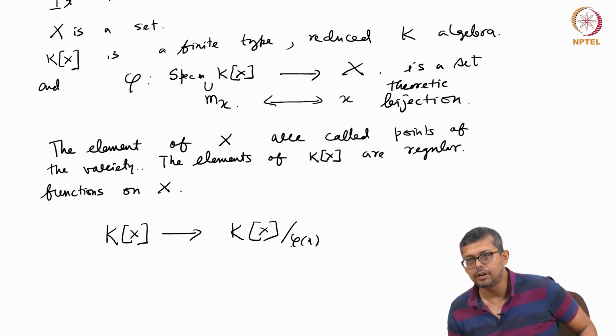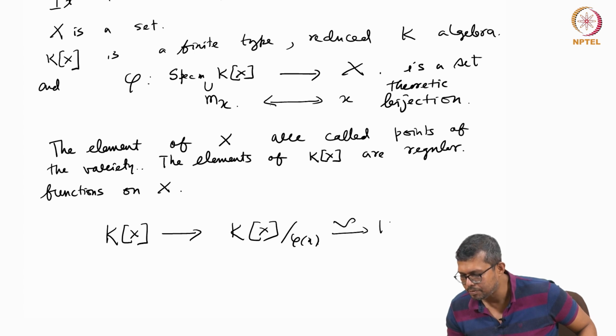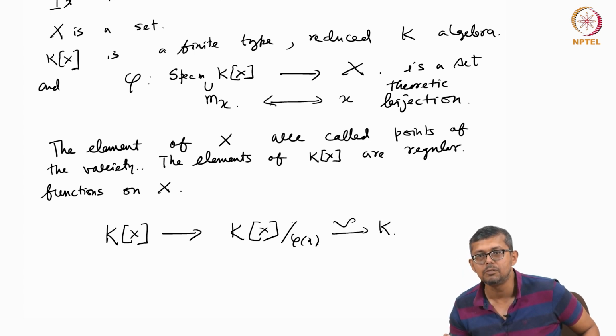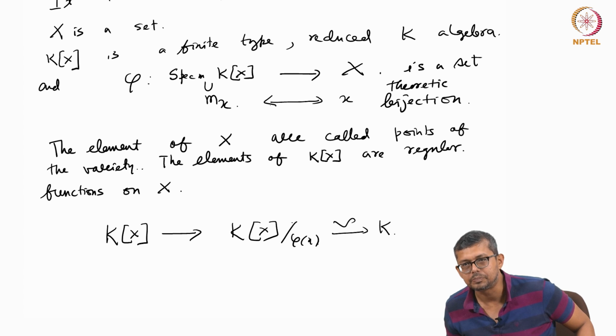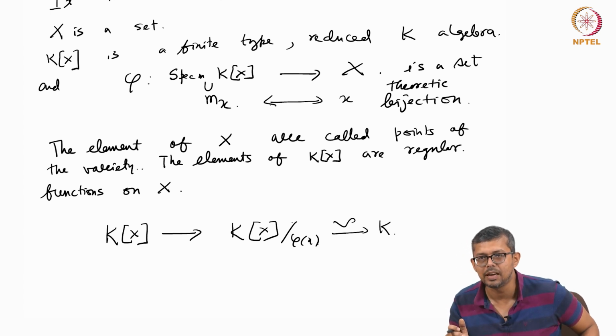So, now by Hilbert Nullstellensatz, because it is a finitely generated K algebra, assume K is algebraically closed, you have an isomorphism, and this isomorphism is canonical. After all, there is a map from K to Kx and Kx to Kx modulo Mx. So, this map is called the structure map. So, we call it beta.